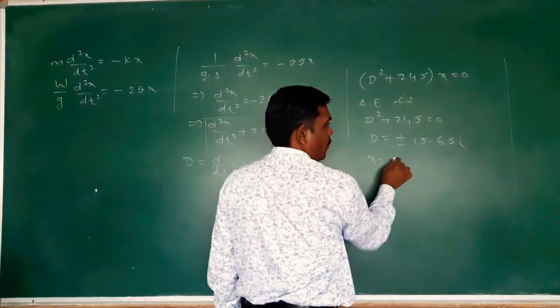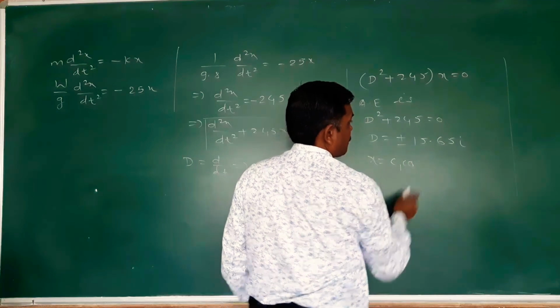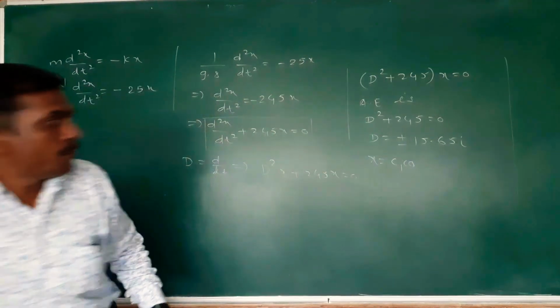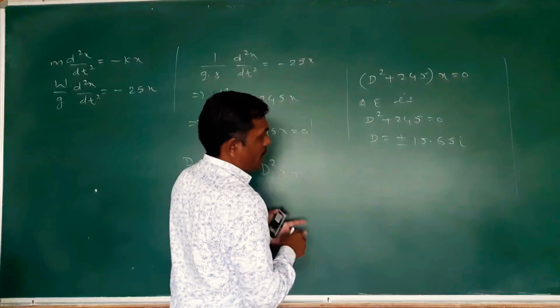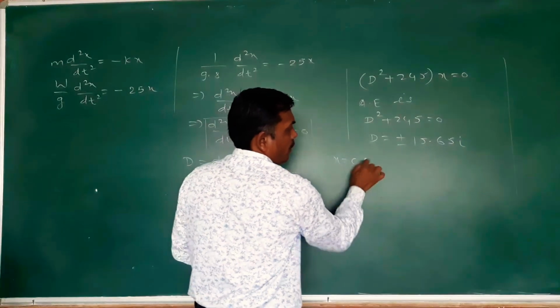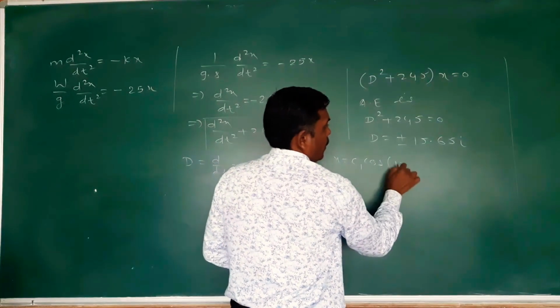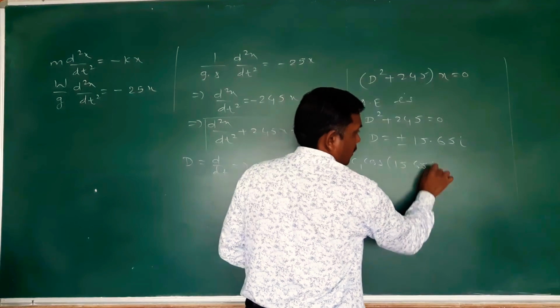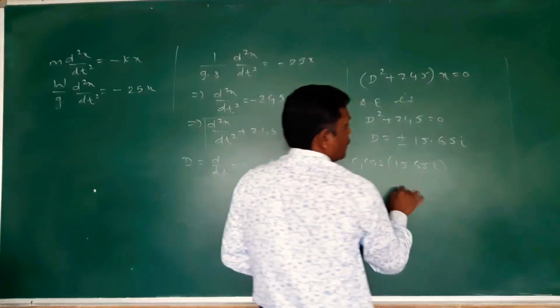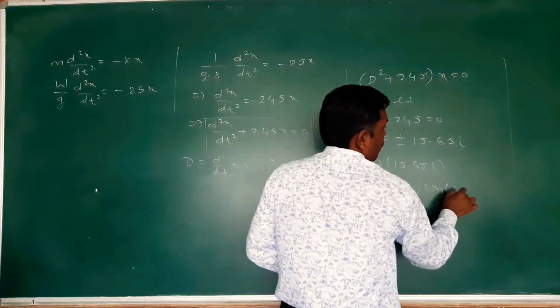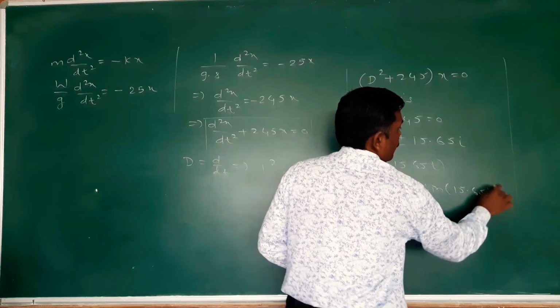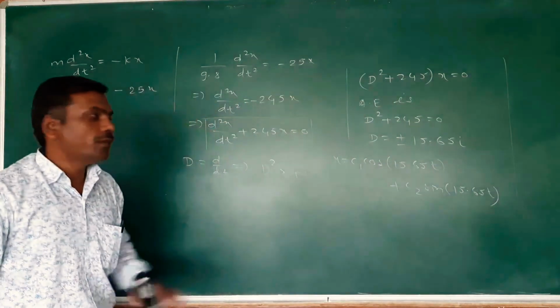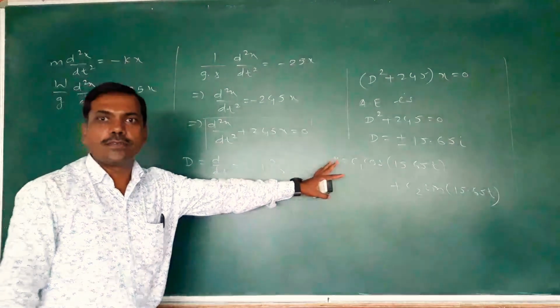So x is equal to c1 cos 15.65 t, here t, plus c2 sin 15.65 t. This is the value of x.